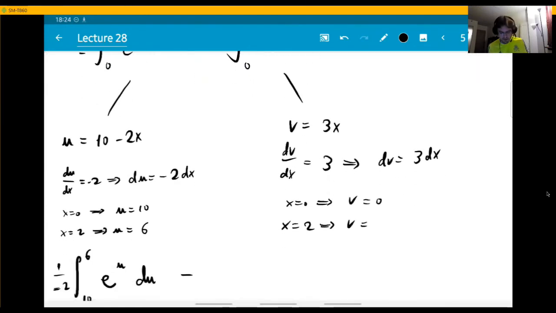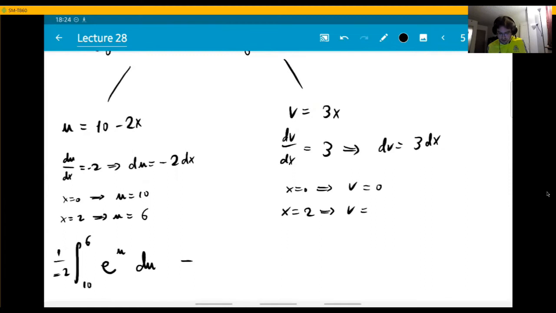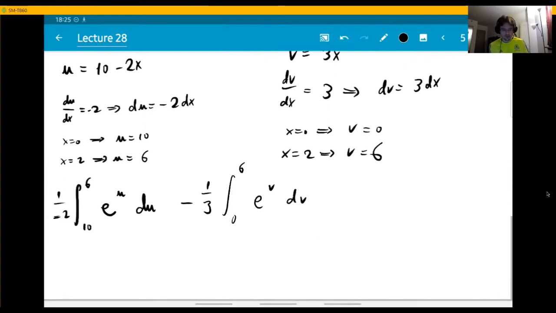Do the same thing for the second integral. I forgot to write the 6 here. So the second integral will go from 0 to 6. The extra number that I need to introduce is a 1/3 e to the v dv. Now just calculate these.